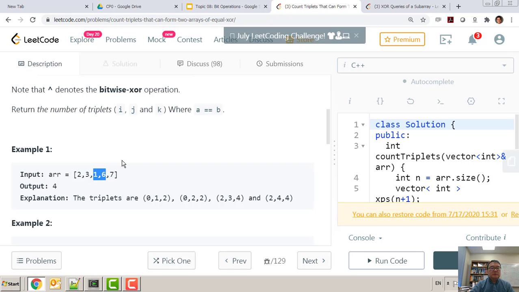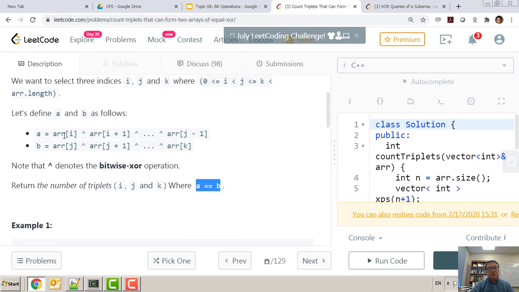Here there's one clever insight based on the property of XOR: when A equals B, that basically means that their XOR is 0. So that's the equivalent condition: A equals B if and only if A XOR B equals 0.